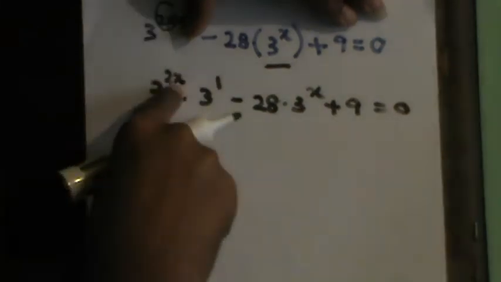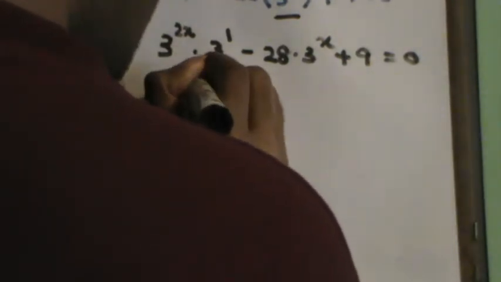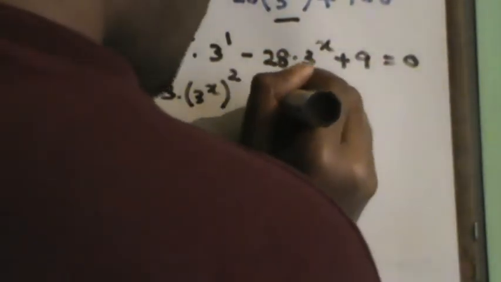So 3 to the power 2x is 3 to the power x squared. So this is equal to 3 times 3 to the power x squared minus 28 times 3 to the power x plus 9 is equal to 0.